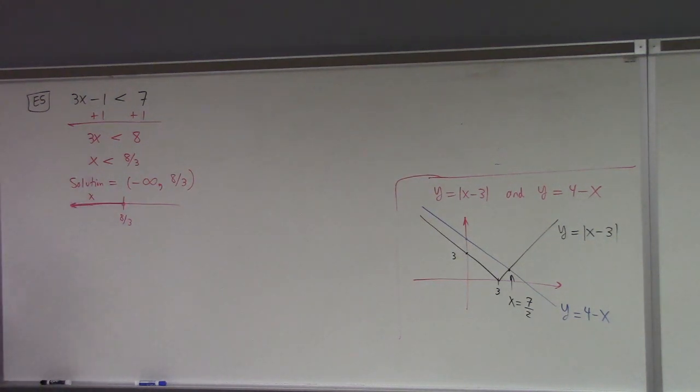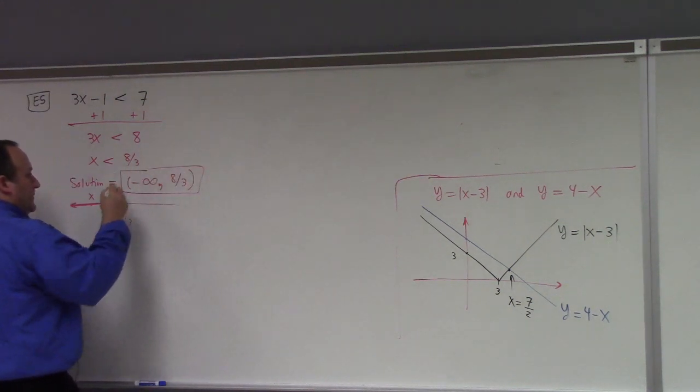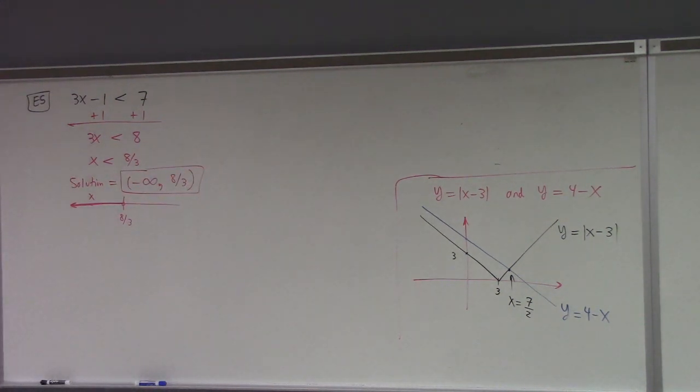So that's the solution if you want to think about it in terms of a number line. I usually ask for the answer for an inequality in terms of interval notation. So the interval notation is right here. Of course, you can also ask for the answer in terms of a number line, but I usually ask for interval notation.